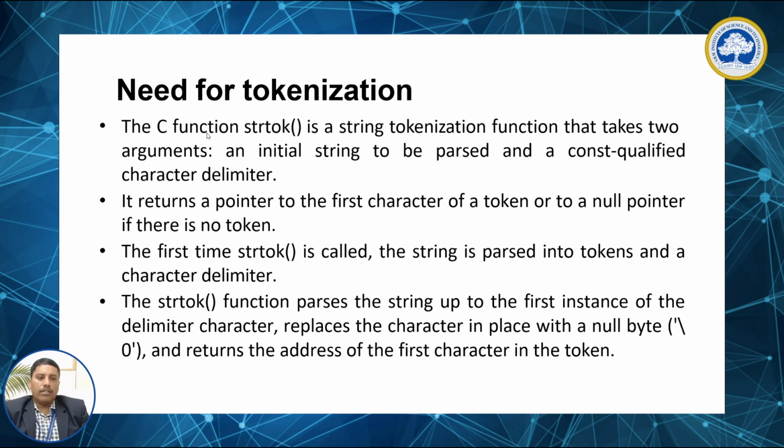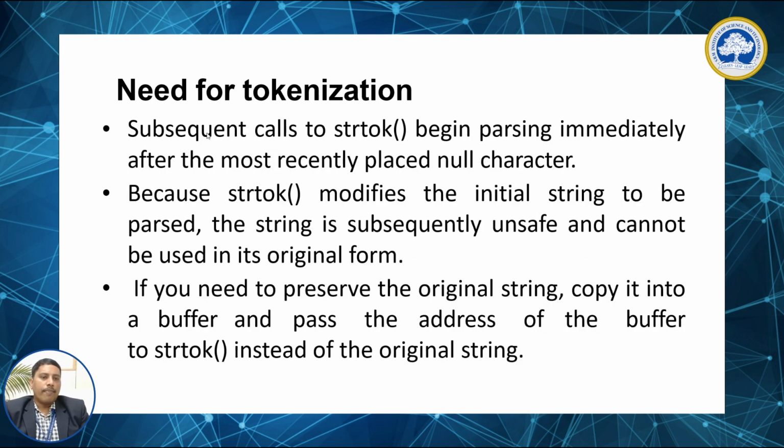Here the strtok function parses the string up to the first instance of the delimiter characters, then replaces the character in that place with the null byte, that is \0, and returns the address of the first character in the token. The subsequent calls to strtok begin parsing immediately after the most recent null character.